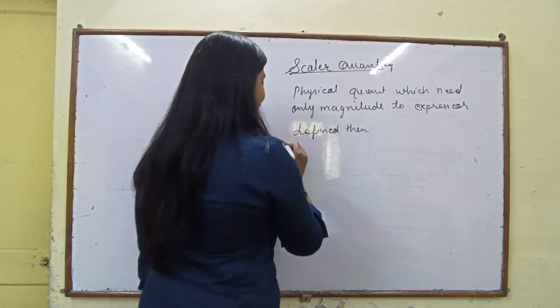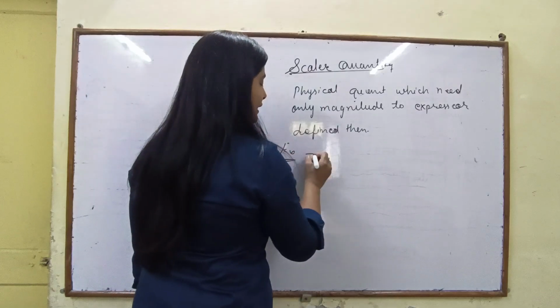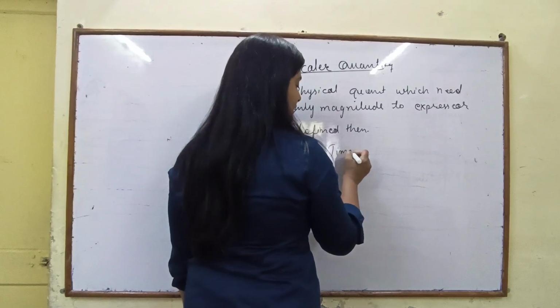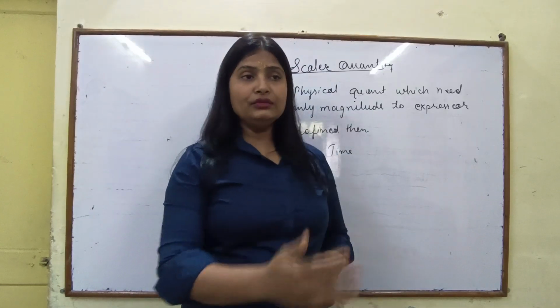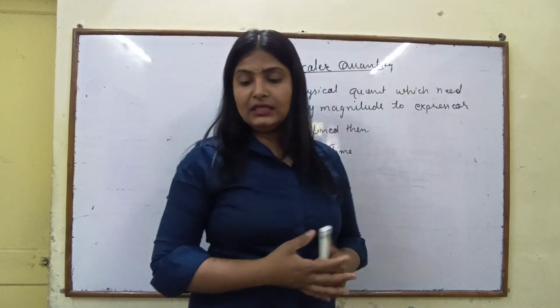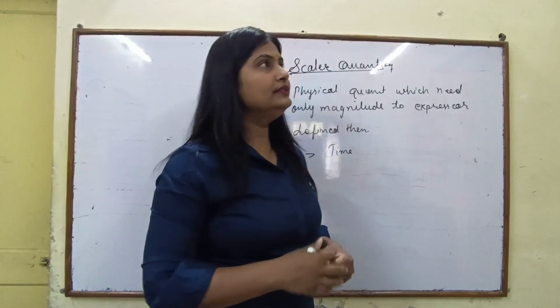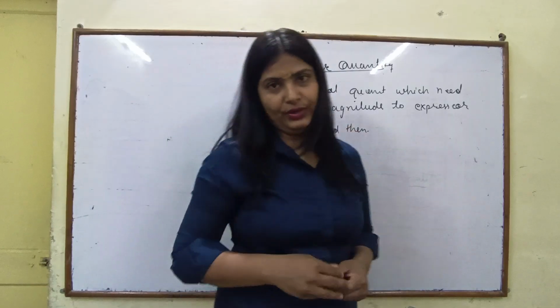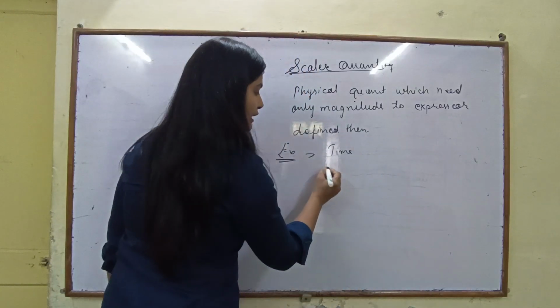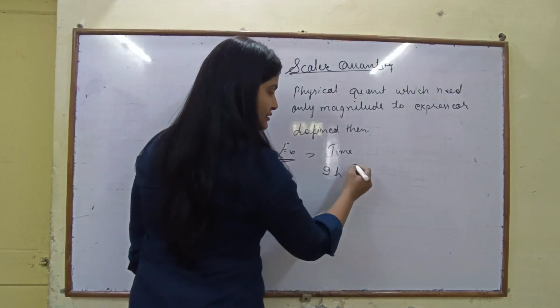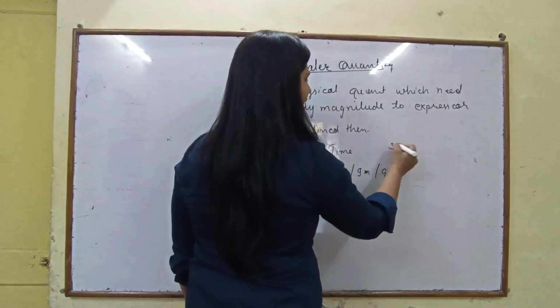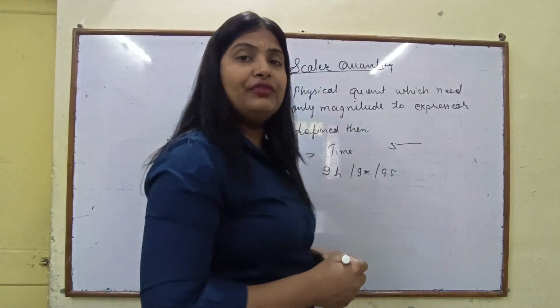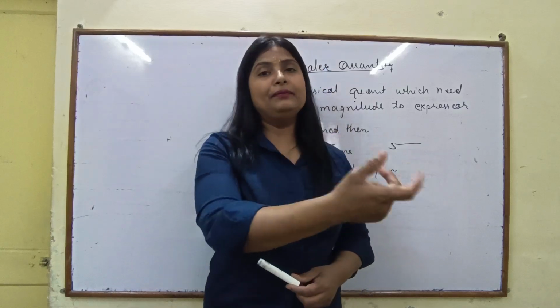For example, time is a scalar quantity because when we discuss time, like this is 9 o'clock, so 9 hours, 9 minute, 9 second, or 9 o'clock, whatever it is, we need only a magnitude.